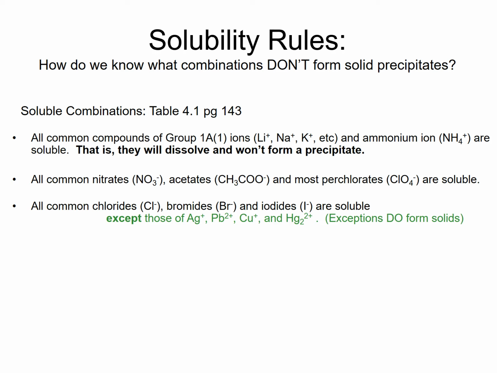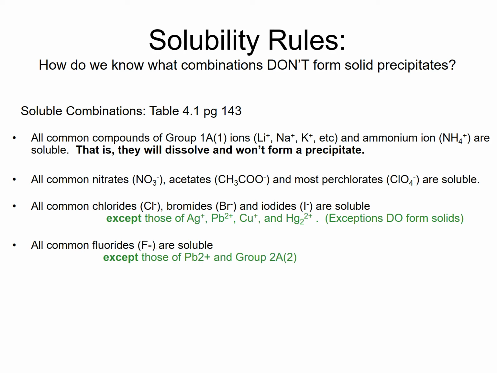In these cases, what you will get is something that is going to form a solid. And so we need to be aware of these exceptions and what it means to be an exception. In this case, the chlorides, bromides, and iodides will dissolve unless they're hooked up with one of these four metal ions.